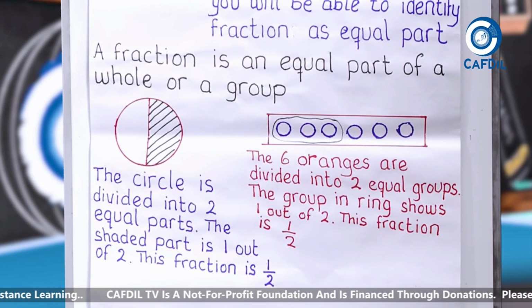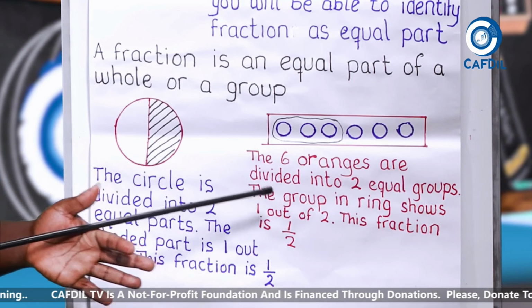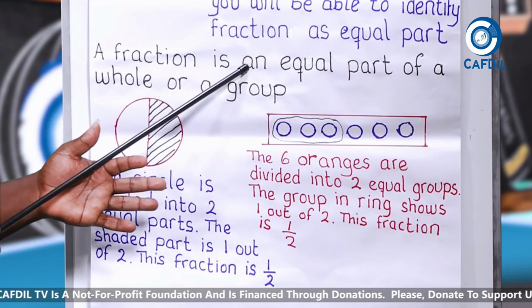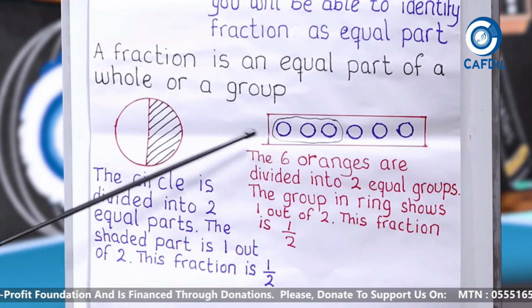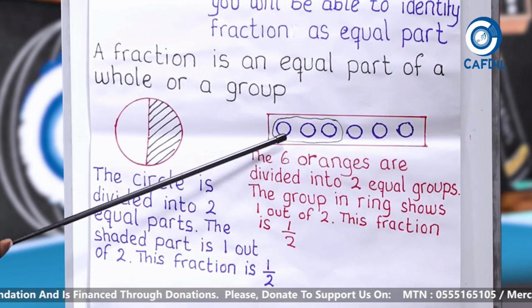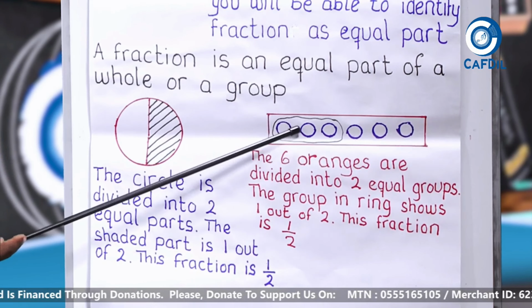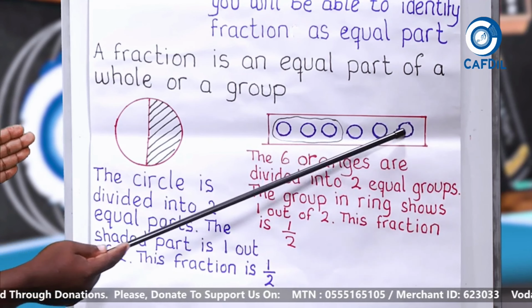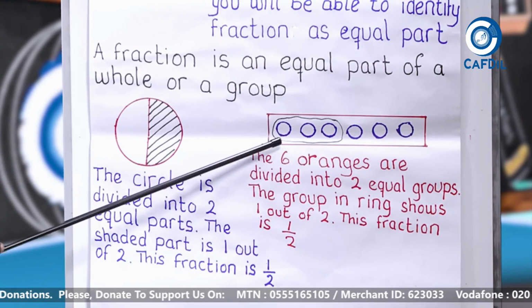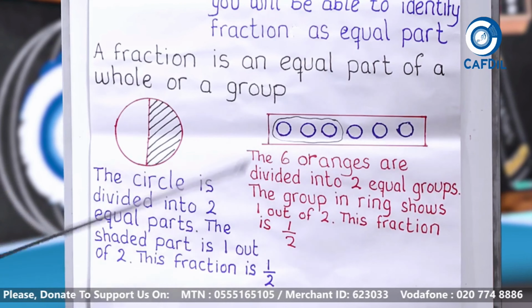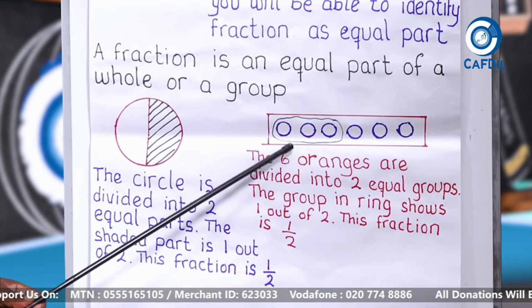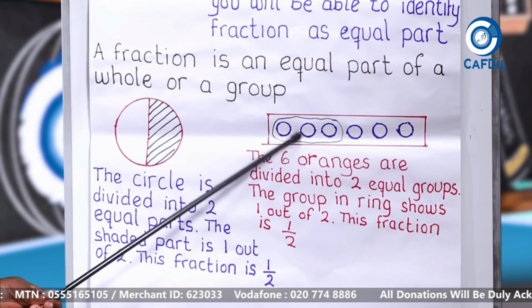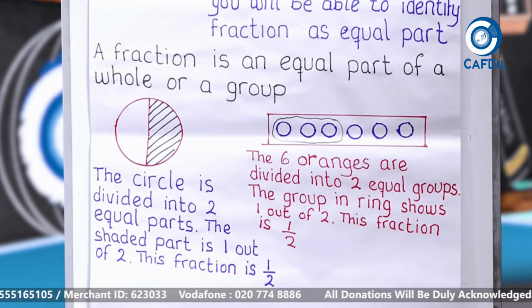Now let's look at fraction as a part of a group. Fraction is an equal part of a group. Now, how many circles do we have here? Let's look at it. 1, 2, 3, 4, 5, 6. So we have 6. But learners, I want us to assume these circles to be oranges.